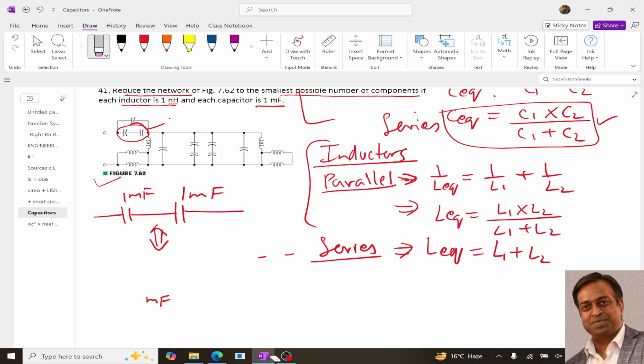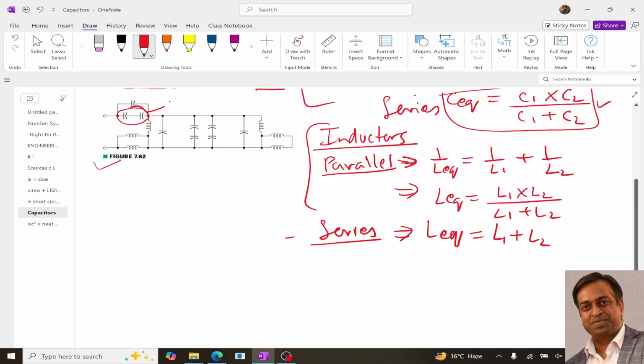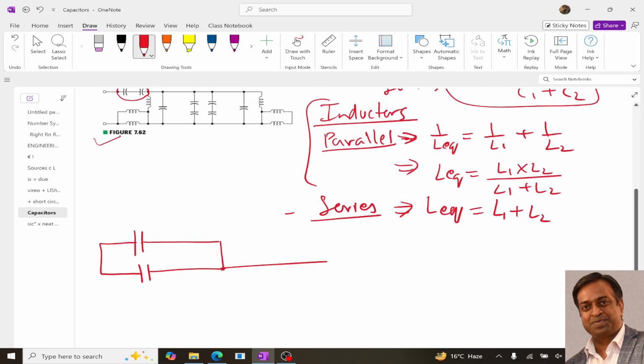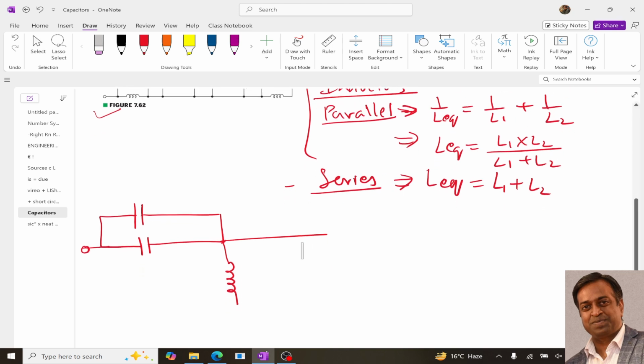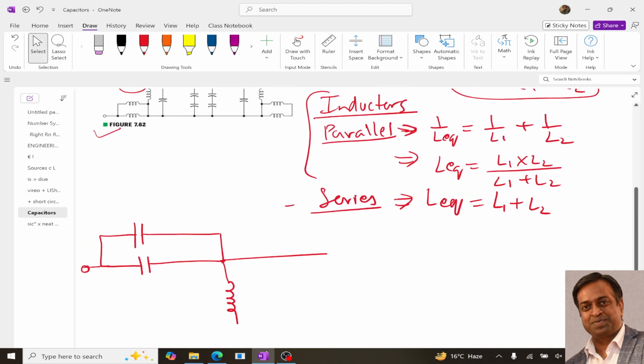So let me put it. Our circuit can be reduced to this one, and over here let me draw the remaining circuit. It is this, then this is the circuit.